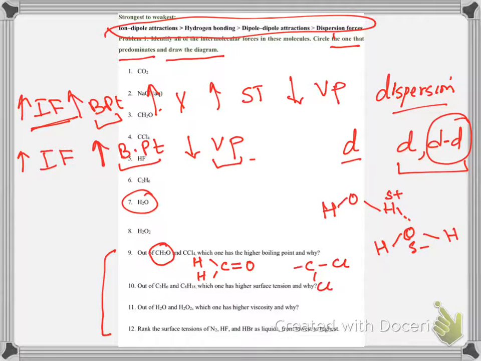Lewis structure can help a lot. This is the Lewis structure for CCl4. Of course, we have to put all these lone pairs. And think about what intermolecular forces are present here, and stronger intermolecular forces will show the higher boiling point. Do these 12 questions and bring it in the class to discuss.